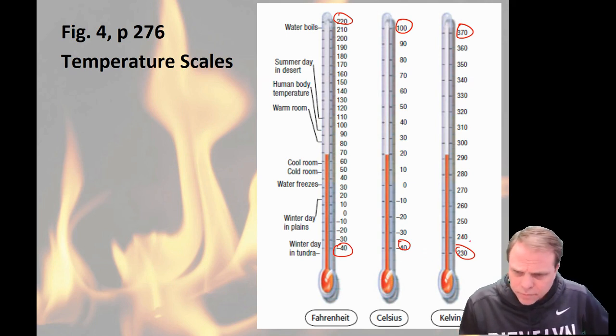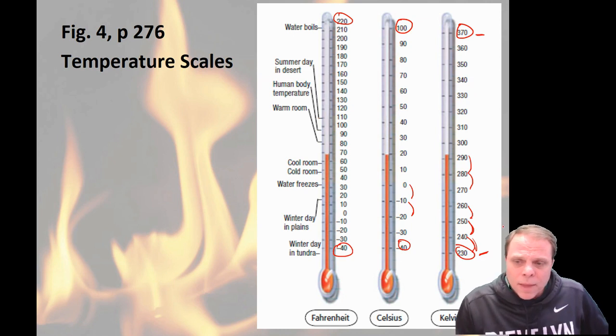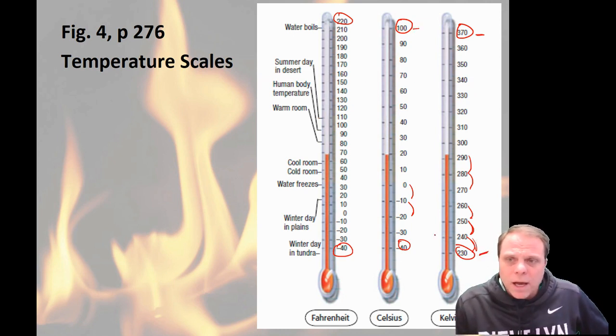And we might have changed the increments. Notice here the increments, they're showing every 10 apart are all about the same length as the 10 apart on this other side. So we go from 230 to 370. Okay, so that's a difference of 140. And you can see that from up here, we have a difference of 140 from there to there. But the increments on the Fahrenheit scale are a little bit different.